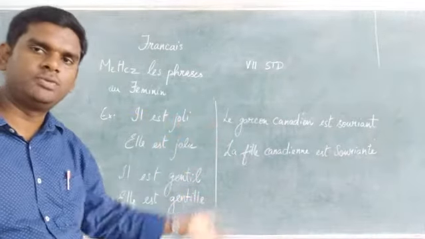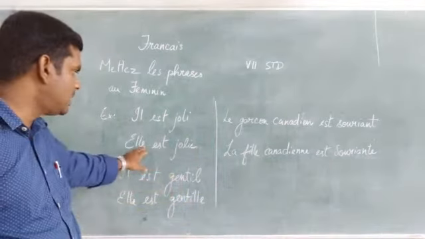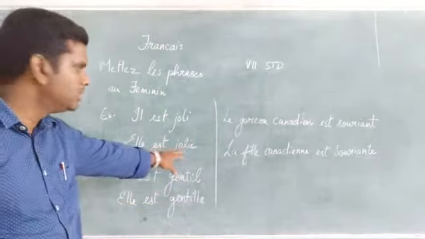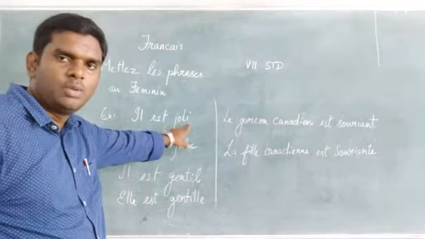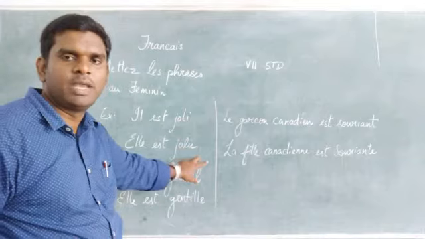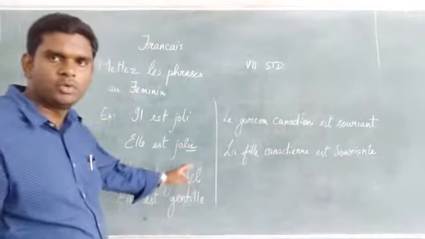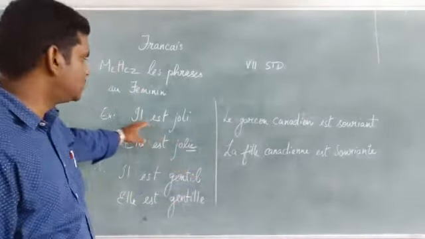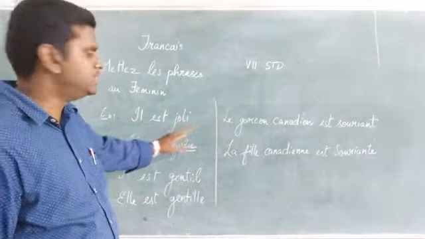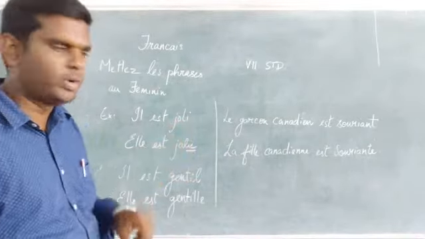He is beautiful. So elle est jolie. Now for this jolie, as per rule number 1, we have to add e when it changes to feminine. So that is why we have added e. Hope you could see it. So this is rule number 1.